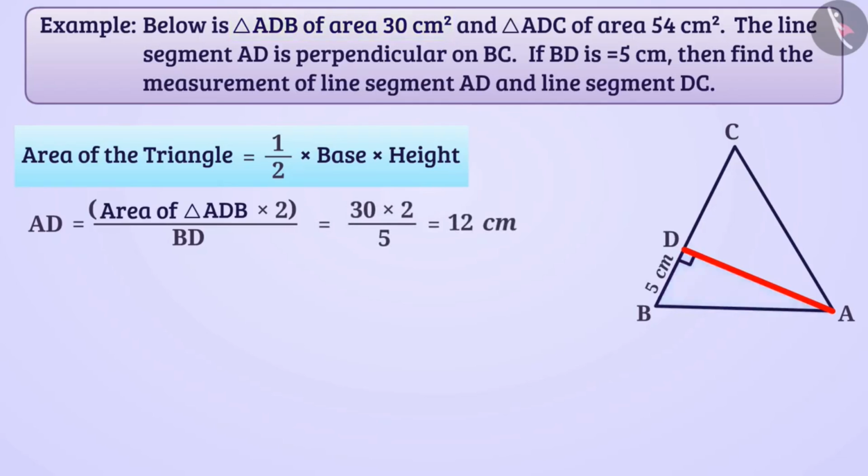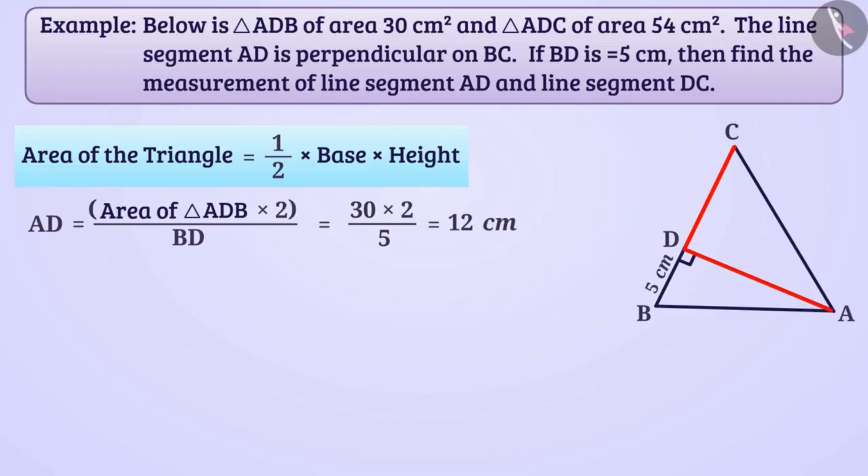In triangle ADB and triangle ADC, side AD is common. Since in triangle ADC, AD and side DC are perpendicular to each other, we can say that triangle ADC is also a right angle triangle. Here also, we can consider either the side AD and DC as base and the other as height.